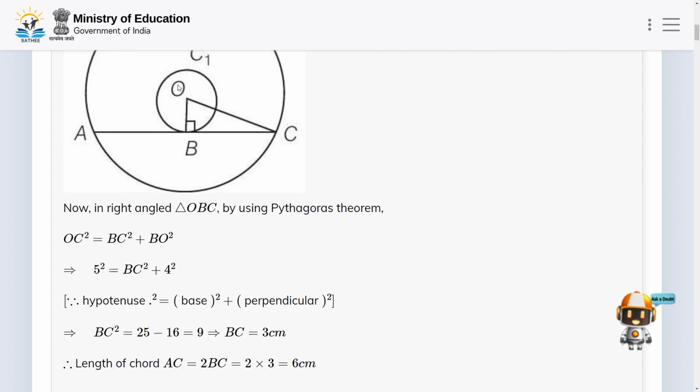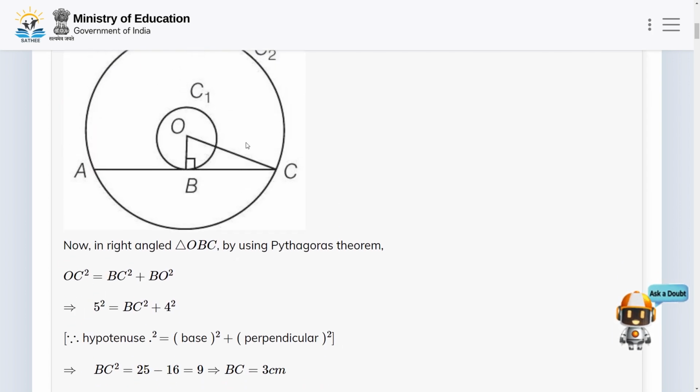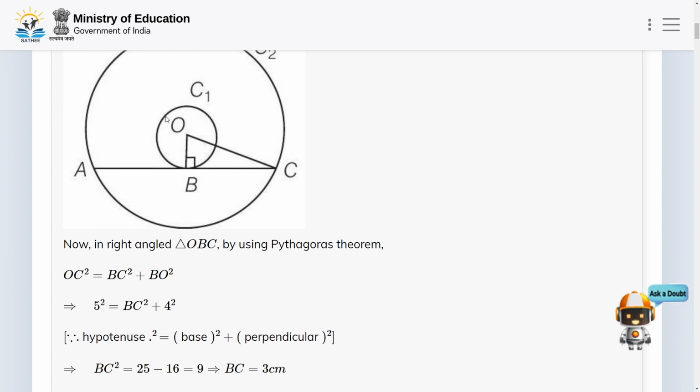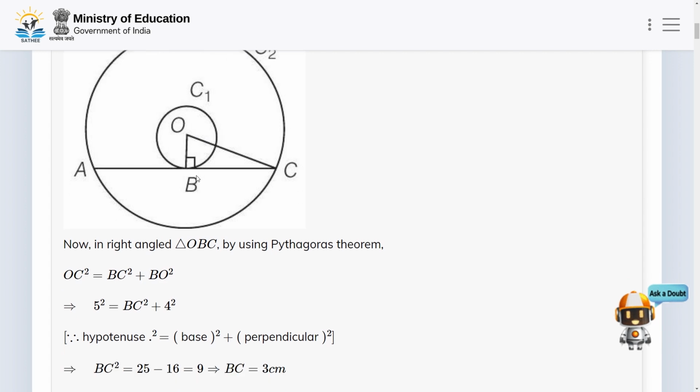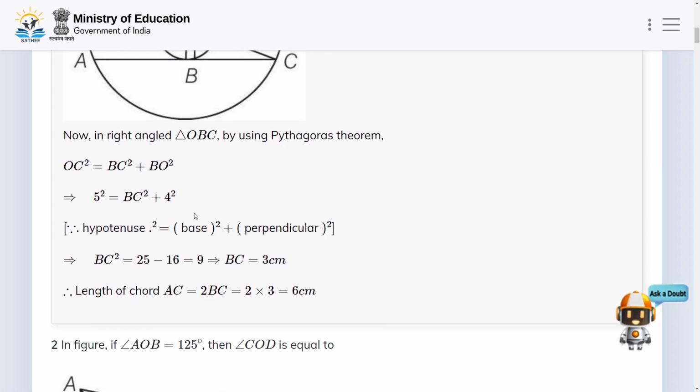OC is the radius of C2 and is equal to 5 centimeter, and OB is the radius of C1 and is equal to 4 centimeter. So from this triangle, OC square is equal to OB square plus BC square, and from this equation we will get BC square.